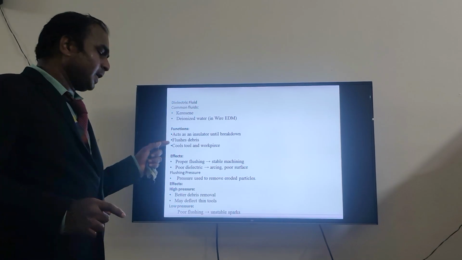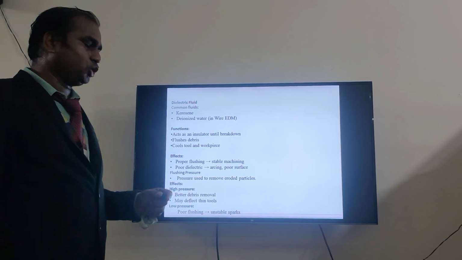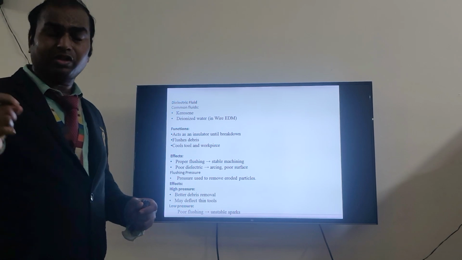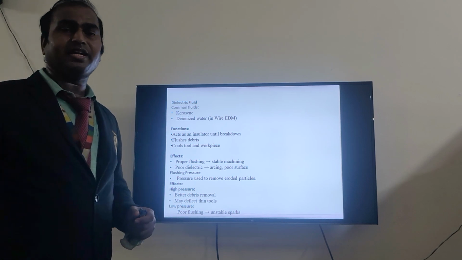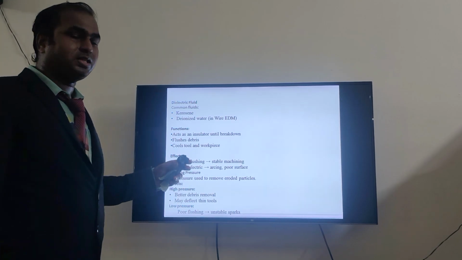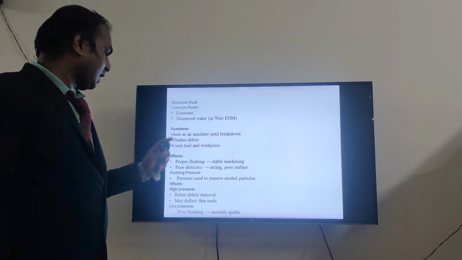The effect is proper flushing, and proper flushing means stable machining, which we call the machinability index. A poor dielectric medium causes arcing, poor surfaces, and poor flushing pressure.